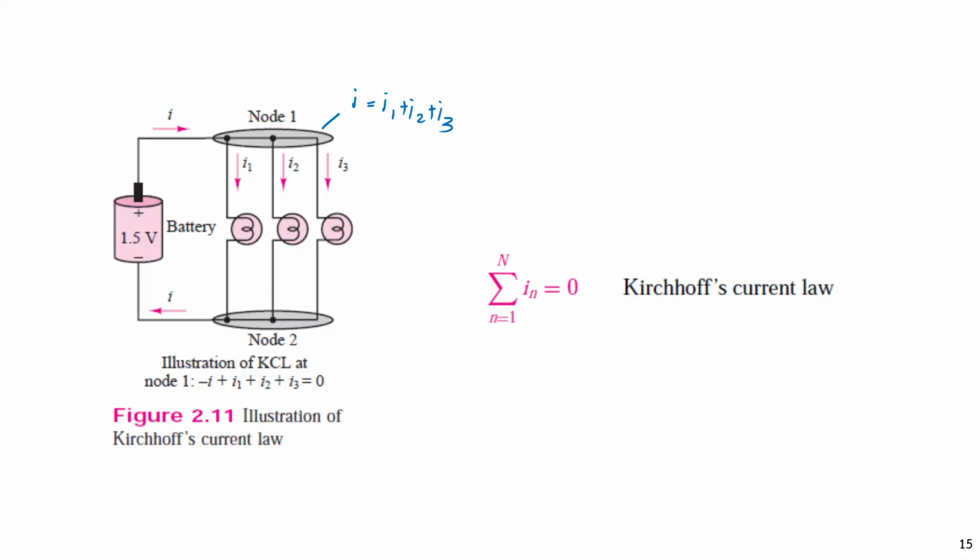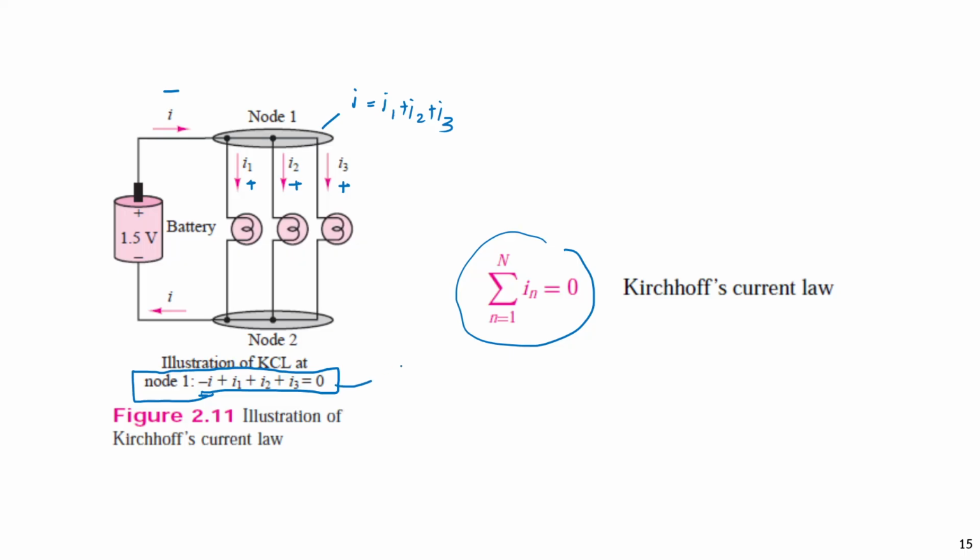Or if we specify the current with a sign, the current flowing in is negative, flowing out is positive. So we can use this equation. So the sum of current at the node is 0.